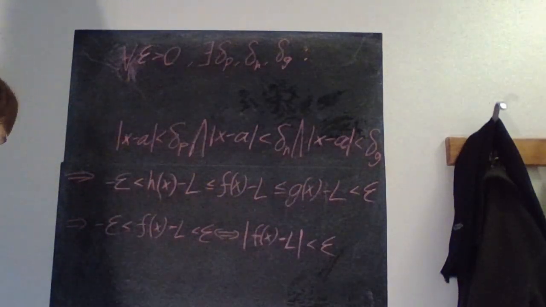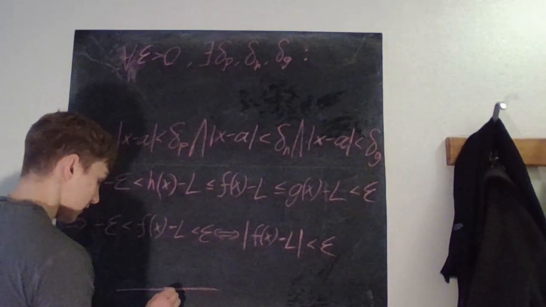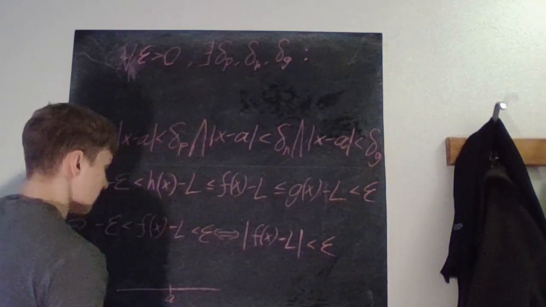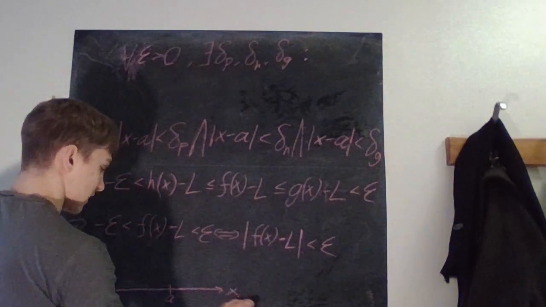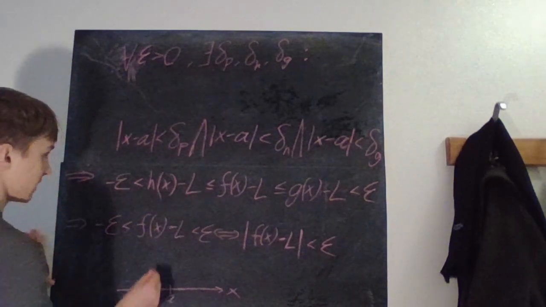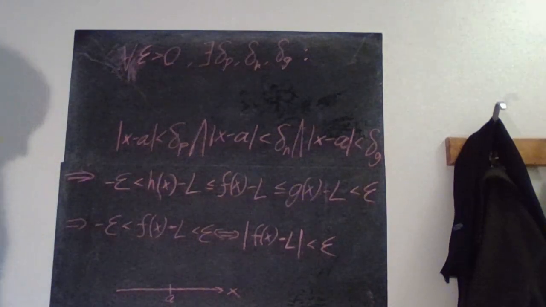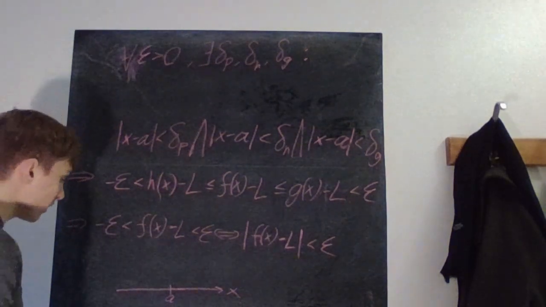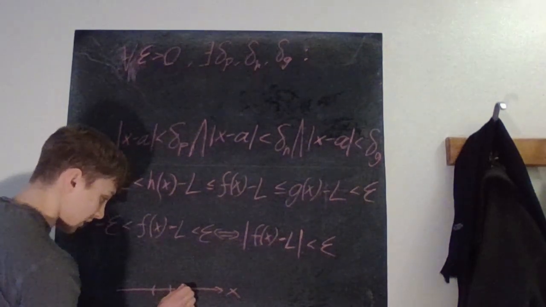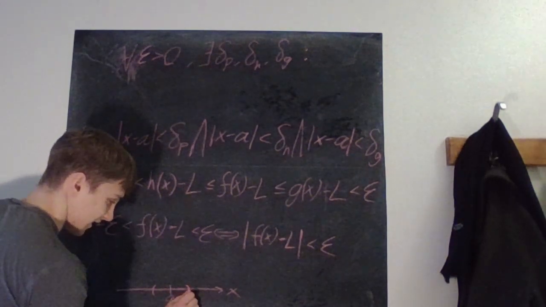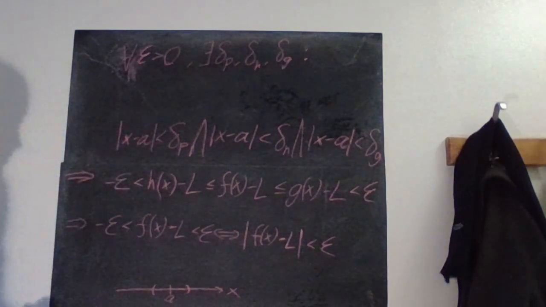So if you imagine this, we have the number line here, and we have a. This is x, of course. Maybe the first one says that the distance between x and a has to be less than 1. Then this is our first interval.